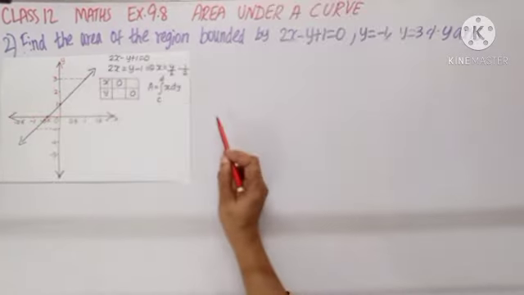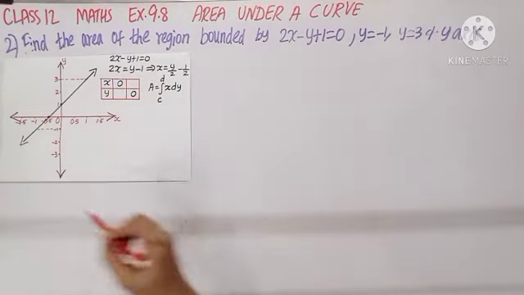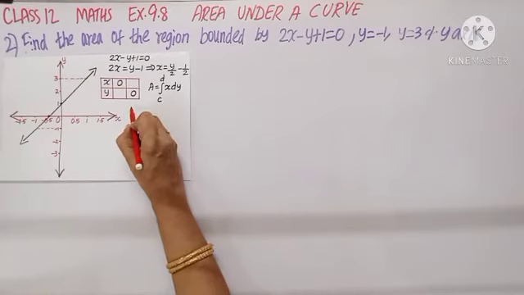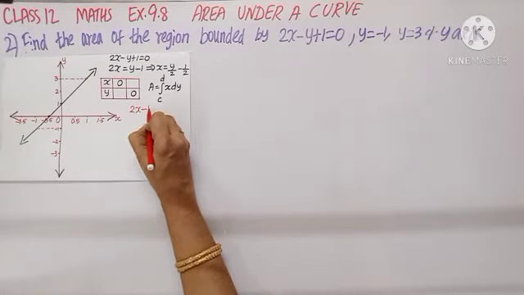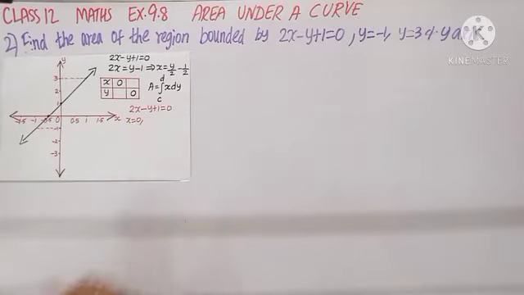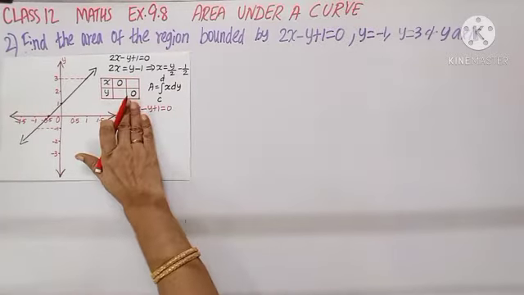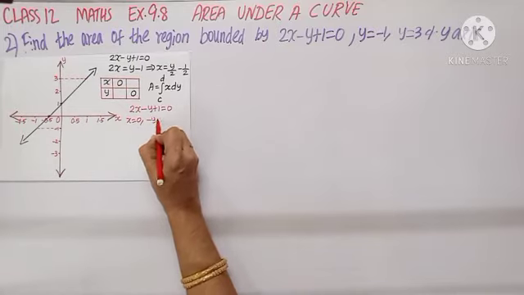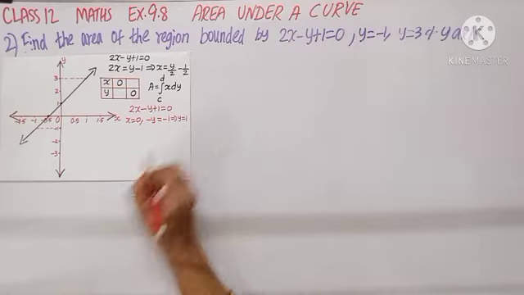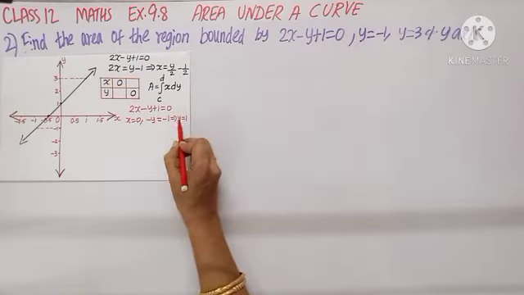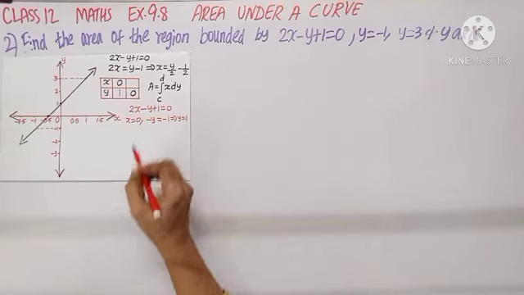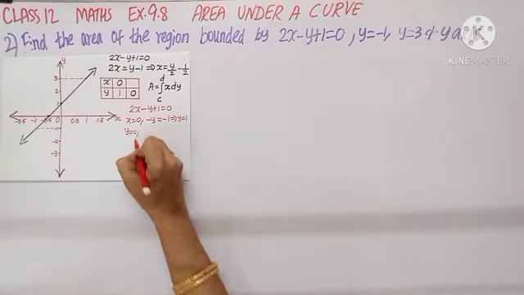From that, let me plot the line. How to do it? Put x as 0. What is the equation given? 2x minus y plus 1 is 0. When x is equal to 0, I have minus y equals minus 1, or y equals 1. So when x is 0, the y value is 1. Now put y equal to 0.